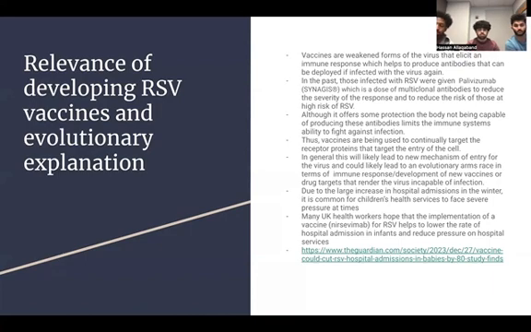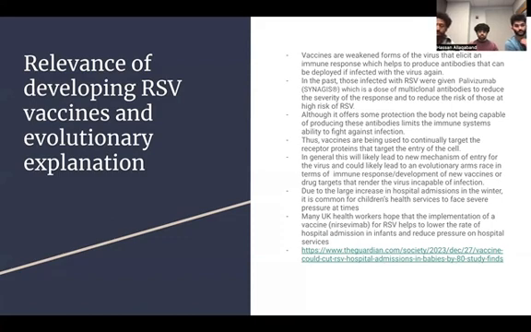Although this offers some protection, the people given these antibodies weren't able to produce them themselves, so it limits the immune system's ability to fight against infection if they were to be infected again. Thus, vaccines are being used to continually target the receptor proteins that mediate entry into the cell.